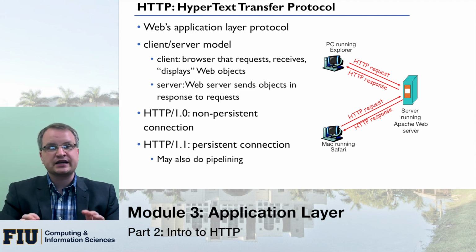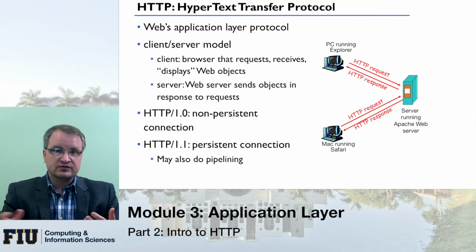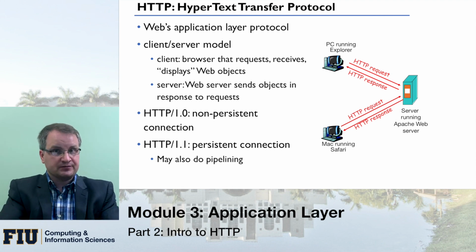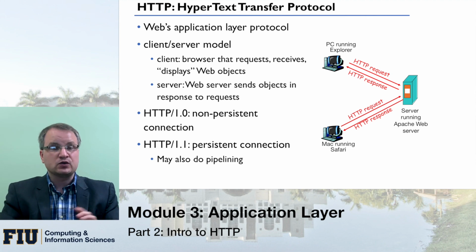Pipelining is an additional technique on top of the persistent connection, where instead of sending a request, waiting for the response, sending a request, waiting for the response, you can, in some environments more efficiently, send multiple requests at the same time and then just collect the data as it comes in.